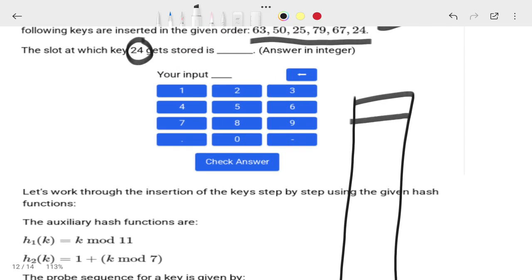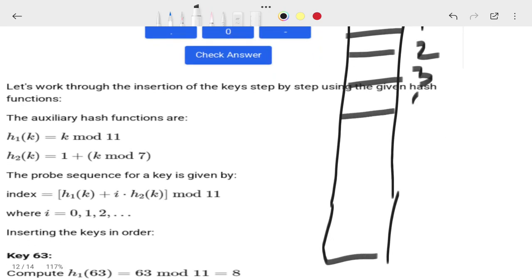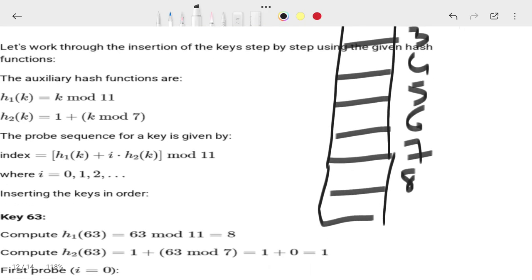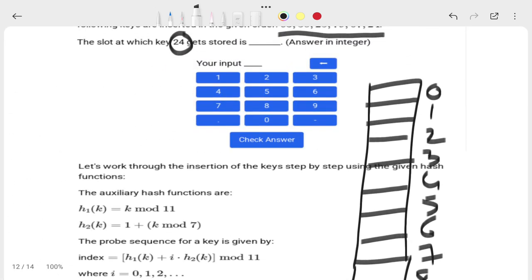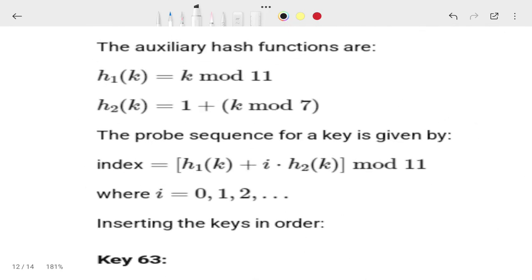So this is 0, this is 1, this is 2, this is 3, this is 4, this is 5, this is 6, this is 7, this is 8, 9, and 10. Done. Now at first 63 I will place. Now see here, I am using at first this function, then this function. If no problem, I will use this one. If problem, I will use this one. Then I will add both. Okay, this is the meaning.